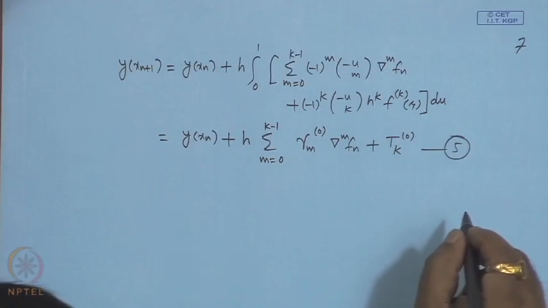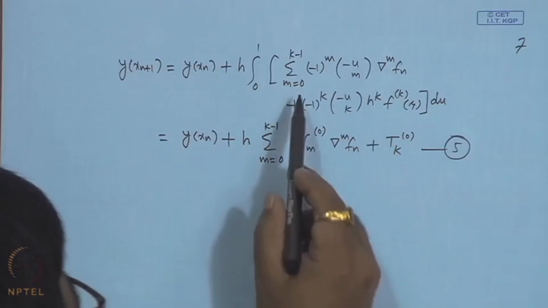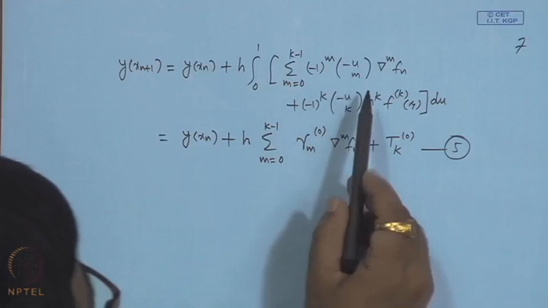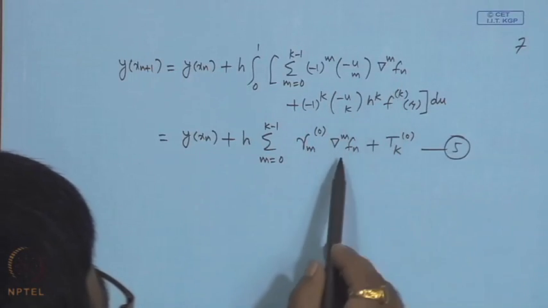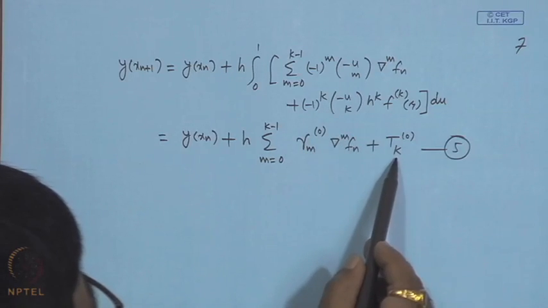I have introduced a new notation. Look, this same thing I am writing. So, the integral has gone inside and the differences I have retained as they are, and this is definitely T k.